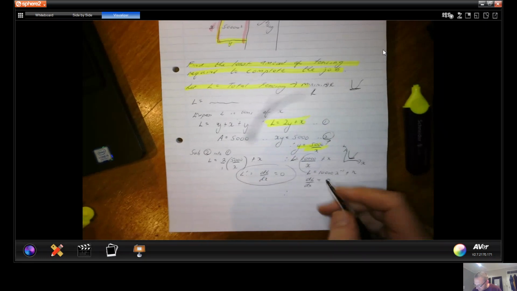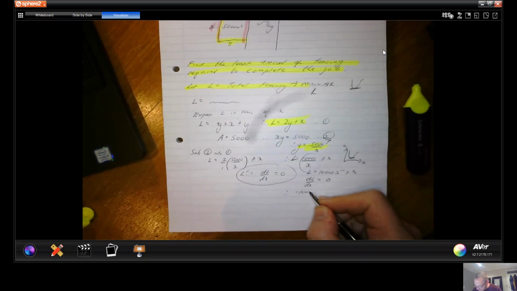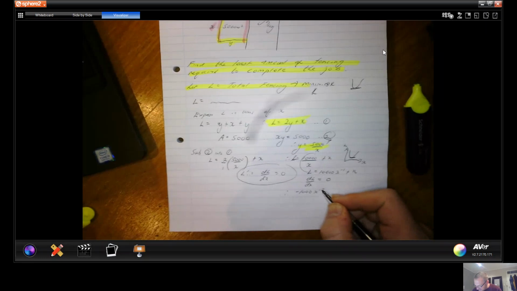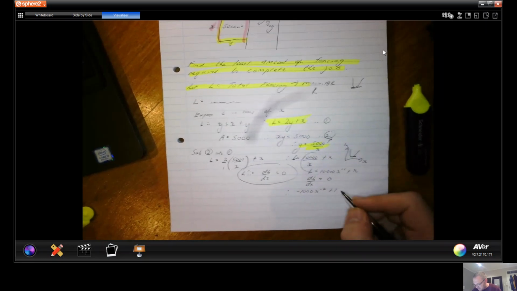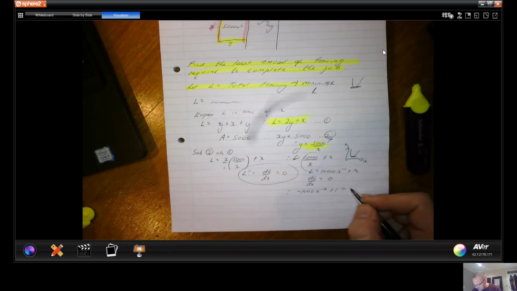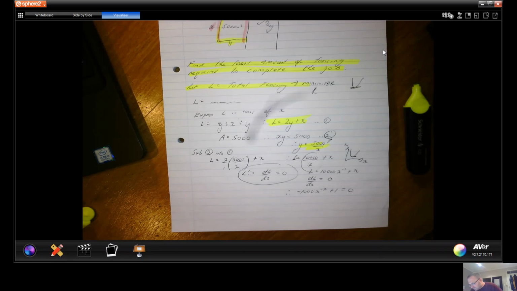So in other words, negative 10,000 x to the minus 2, the derivative of x is 1, plus 1 is equal to 0, right? So I want to know where that's equal to 0.